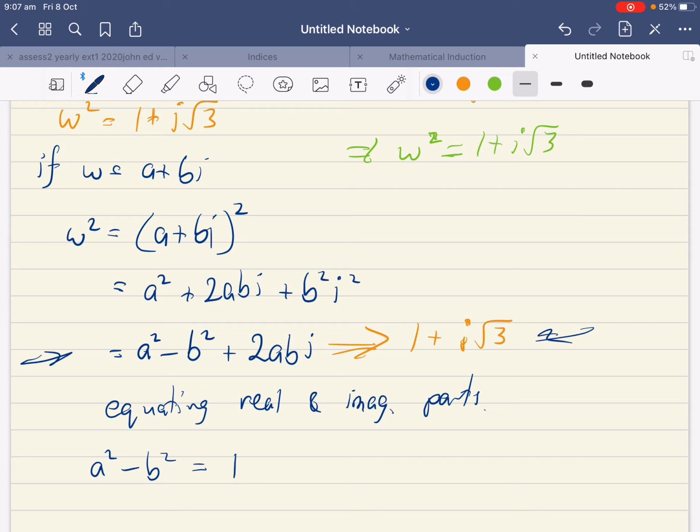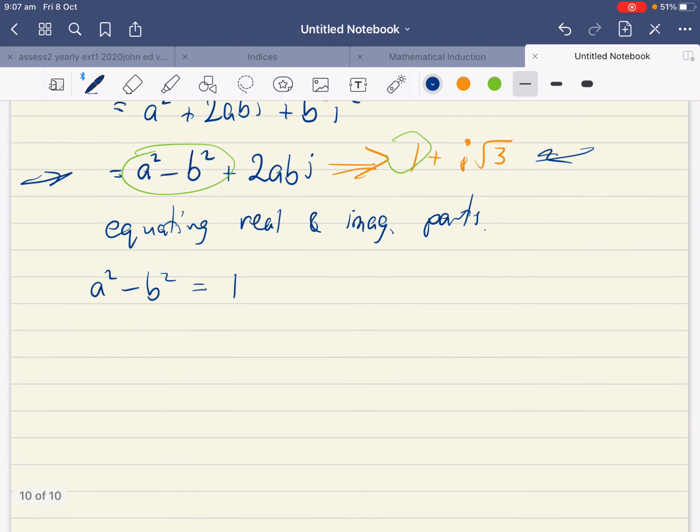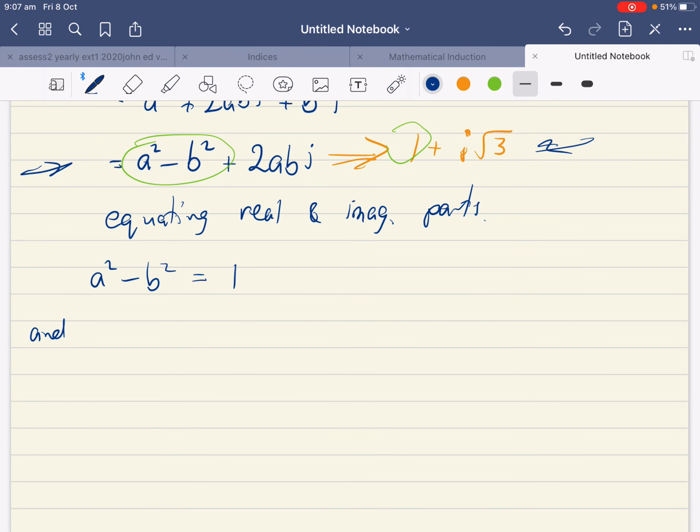Those two real parts must be the same. And 2ab must be equal to root 3, right? That is, the two imaginary parts must be equal to each other.